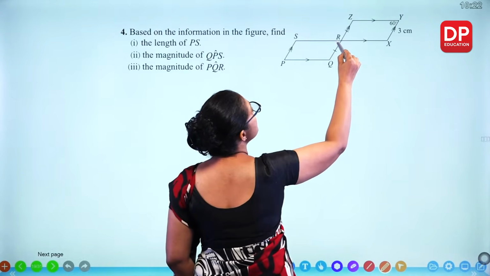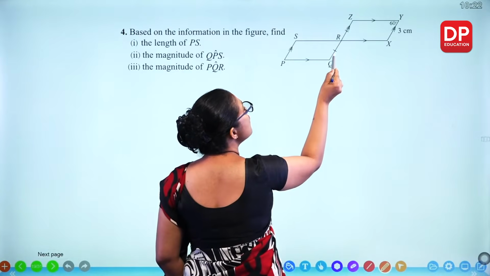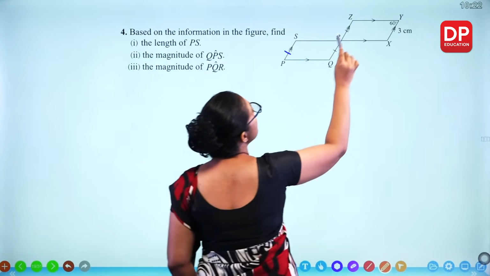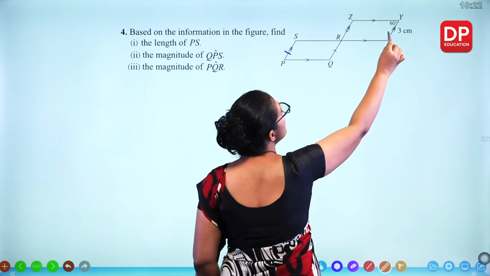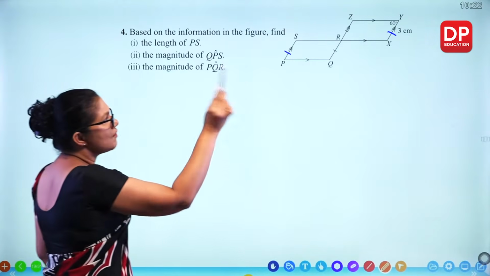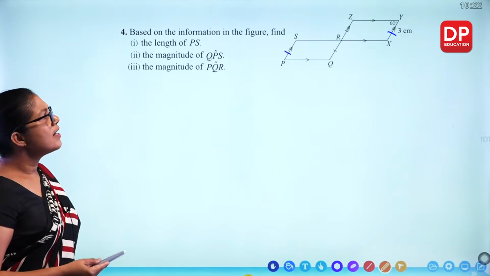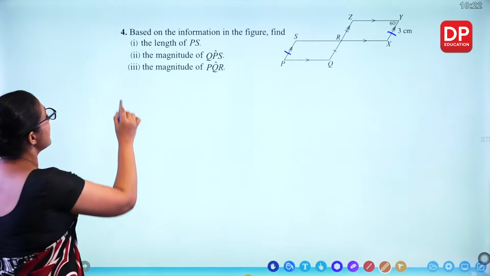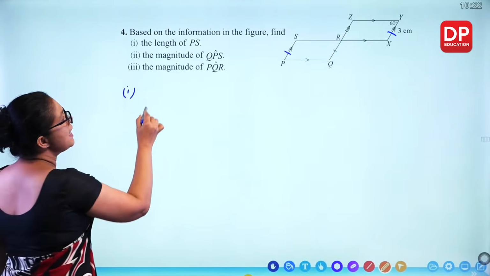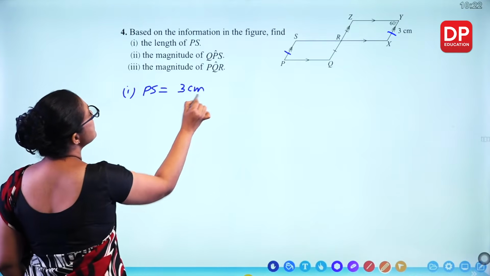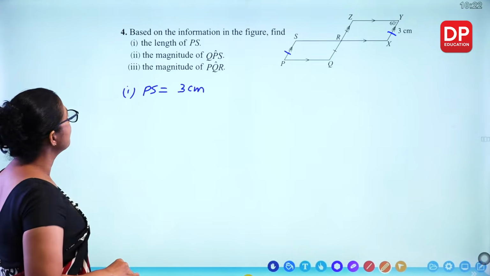This length is given equal to this length, but we know this is also equal to this one. And here this length is equal to this one. What can you say about XY and SP? Both are equal. I can straight away write down PS is also 3 centimeters.